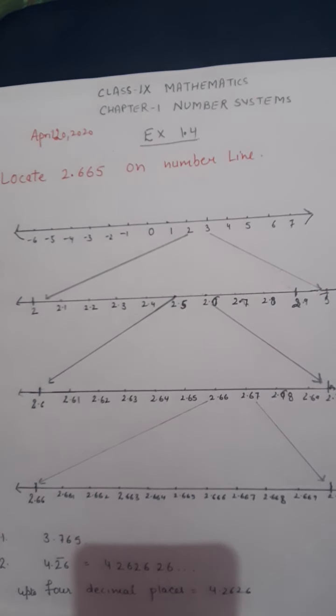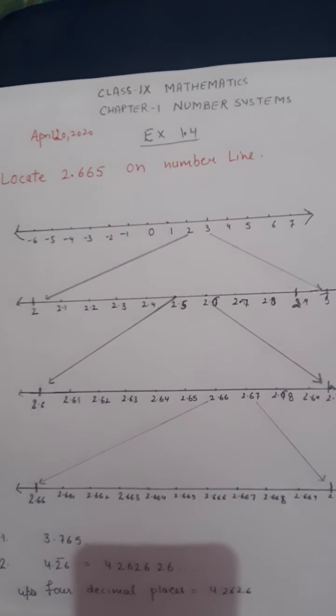What type of decimal expansion could a rational number have? Terminating or non-terminating but repeating, right? Irrational number decimal expansion is non-terminating and non-repeating. Clear?